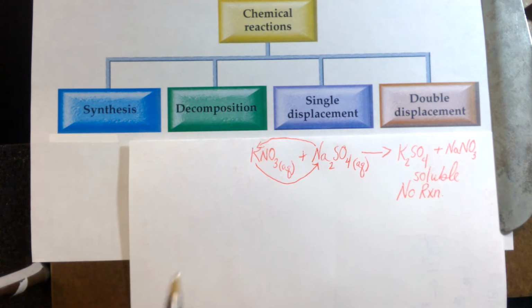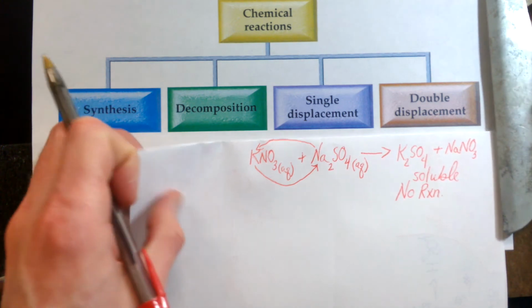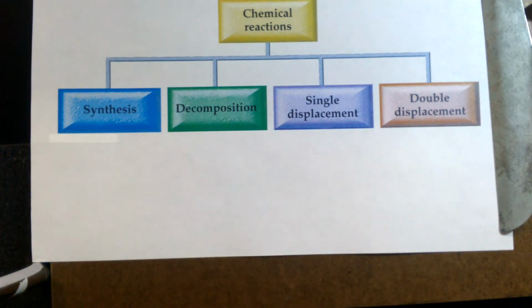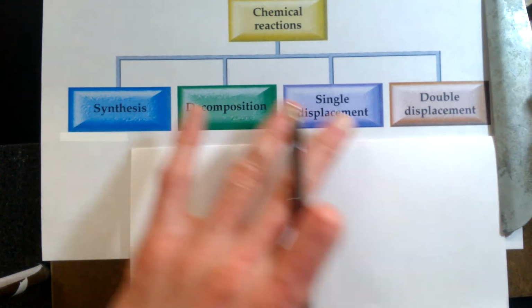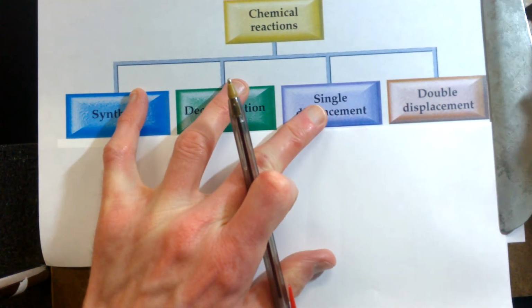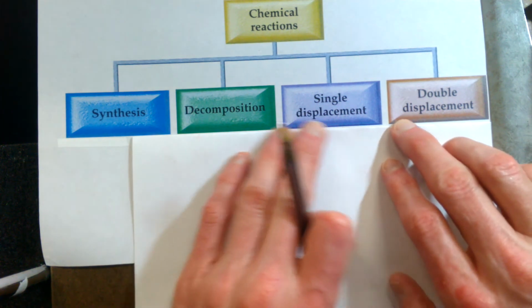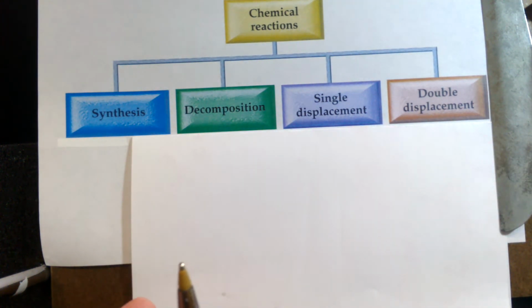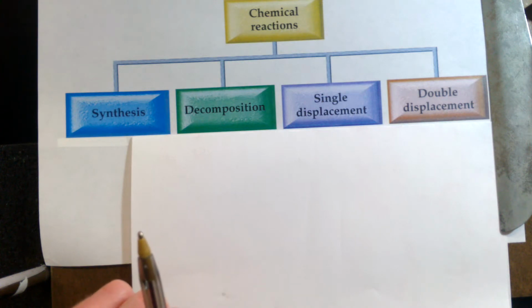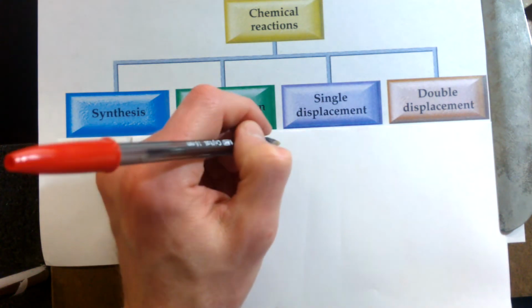Okay, let's try another one. On these double displacements, we always want to reference our solubility tables to ensure that in fact we will have precipitation or some sort of gas or water forming as a product. So let's try barium chloride.